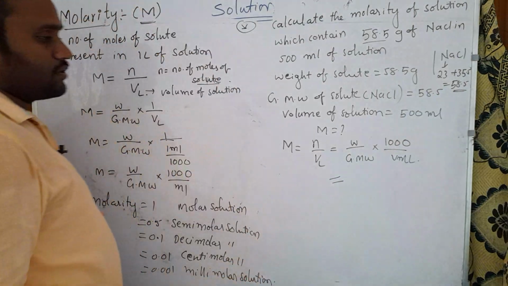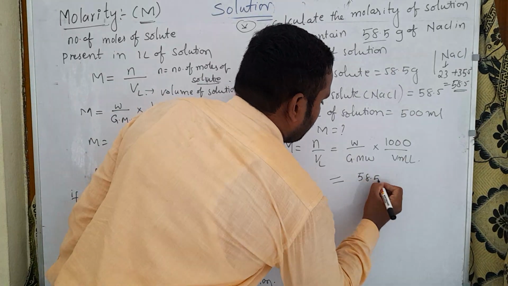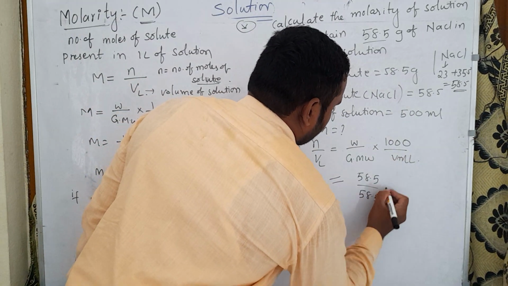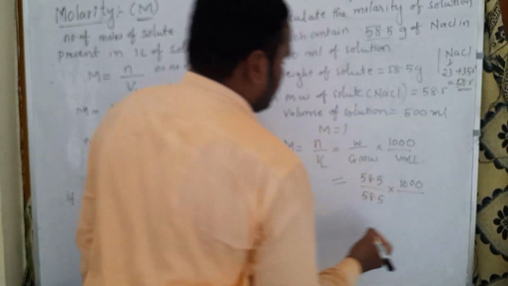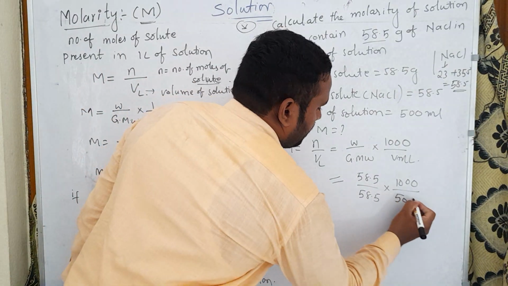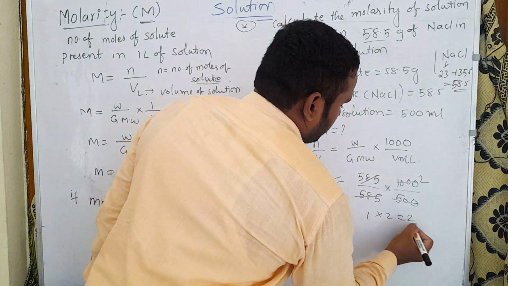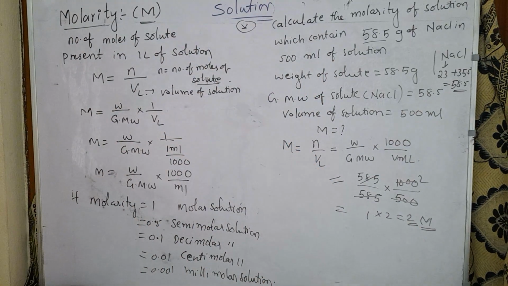Here the weight is 58.5 grams, the gram molecular weight is also 58.5 grams, and the volume of solution is 500 ml. So 1 into 1000 by 500, that is 2. So the molarity of the solution is a 2 molar solution.